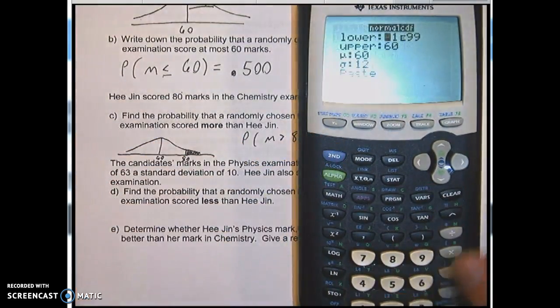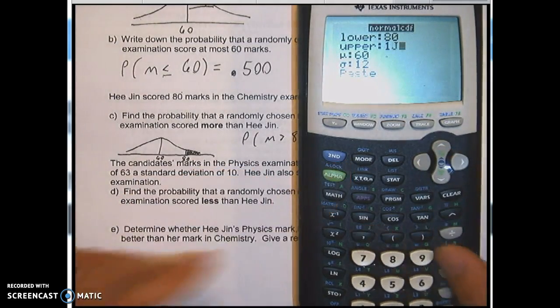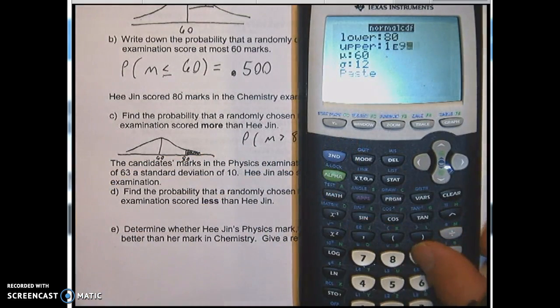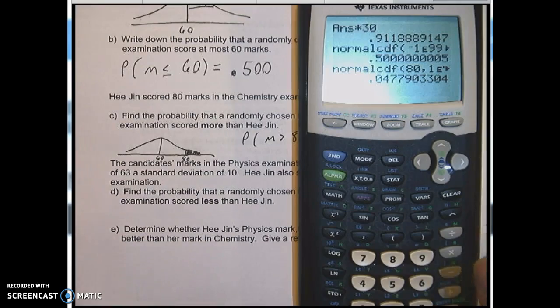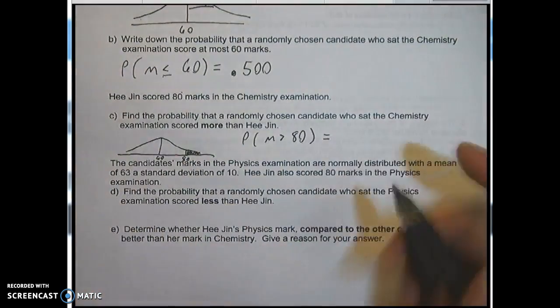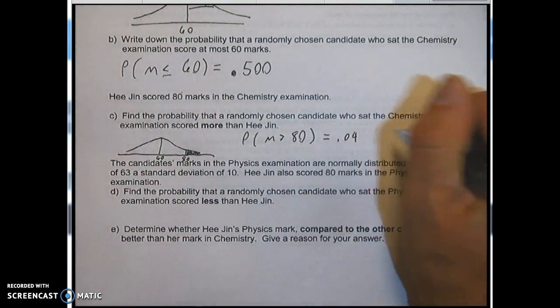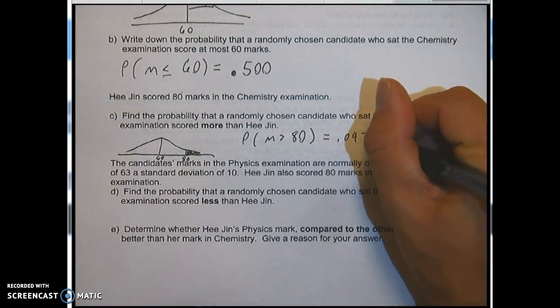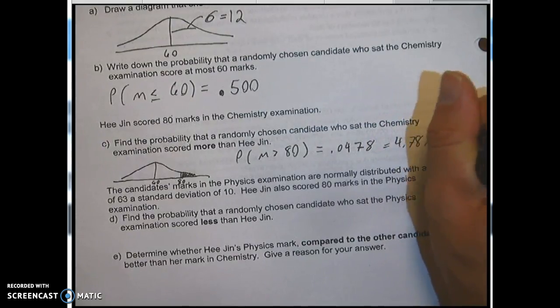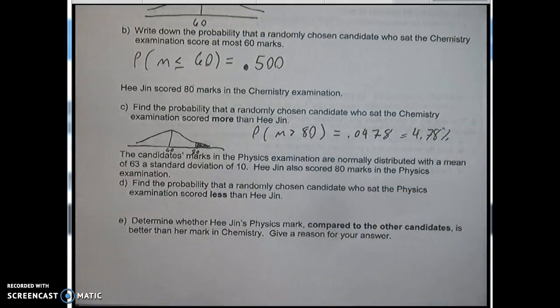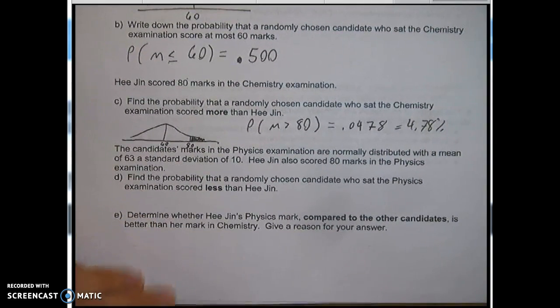Second var is 2, 80 is the lower bound, positive infinity is the upper bound, and it's about 0.0478, which is about 4.78% chance of that happening. Pretty small chance. Less than 5% of people were able to do that. Alright, last two parts here, then we'll be done.